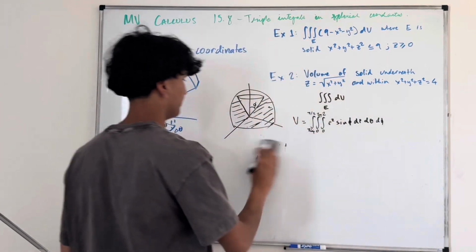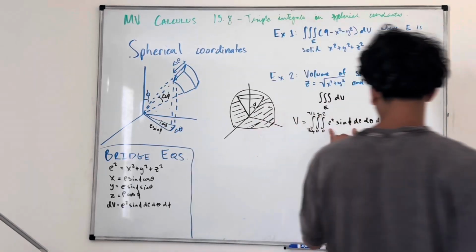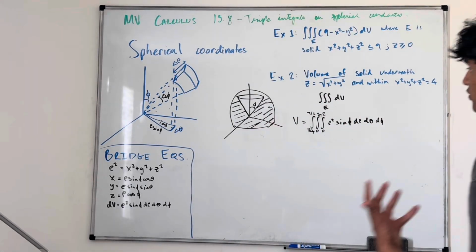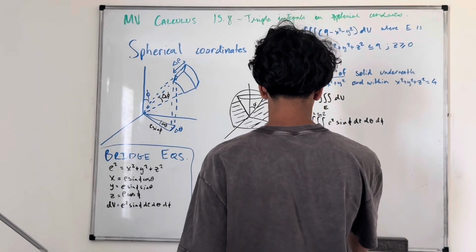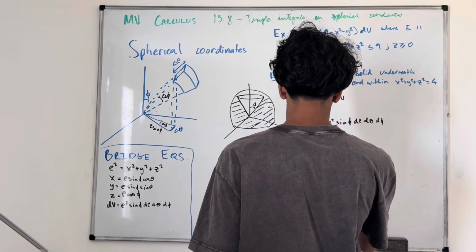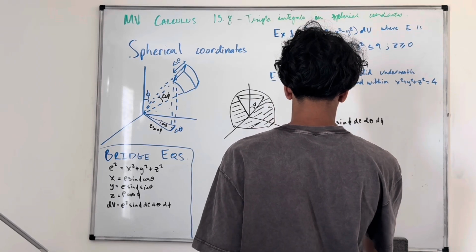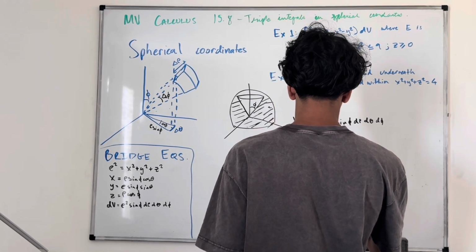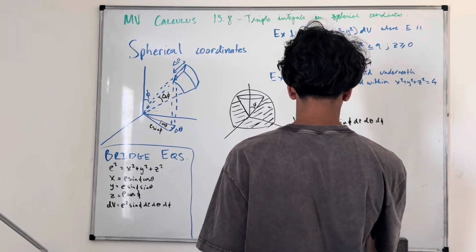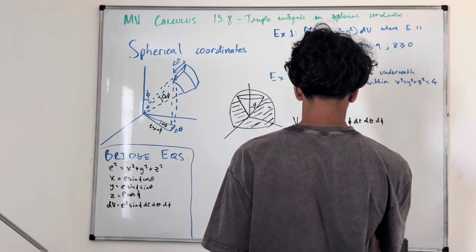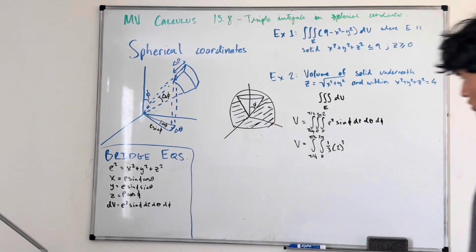All right, let's solve this. When I'm doing d rho first, the antiderivative is 1/3 rho cubed, with phi from pi over 2 to pi over 4 and theta from 0 to 2 pi. So 1/3 times 2 cubed minus 1/3 times 0 cubed, which is 0.